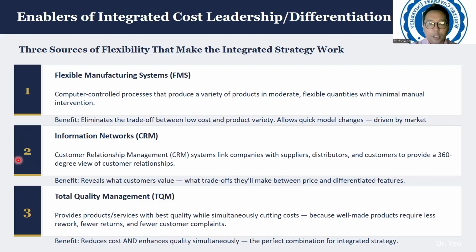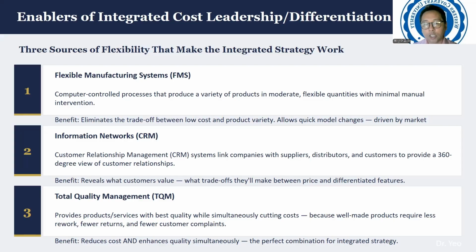Salesforce is mentioned in the lecture as a leading example. When you know your customers' preferences, purchase history, and price sensitivity, you can make intelligent decisions about where to invest in differentiation and where to cut costs. And third, total quality management, TQM, which seems counterintuitive at first.